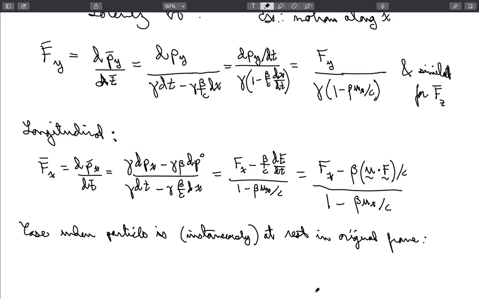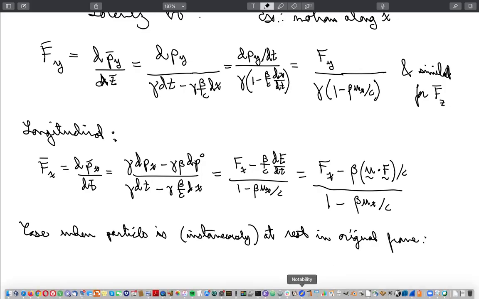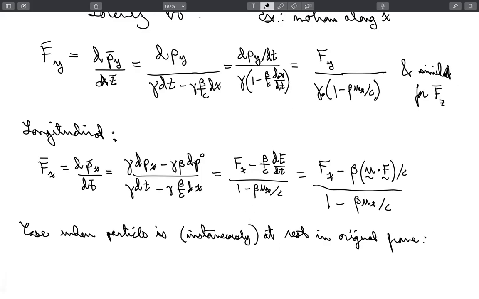In that case, you can see it simplifies because there's just a 1 over gamma for the transverse parts, and the longitudinal part just becomes the original one.